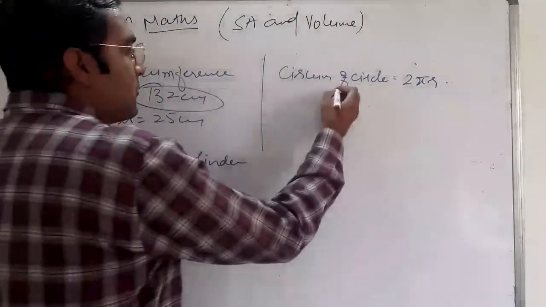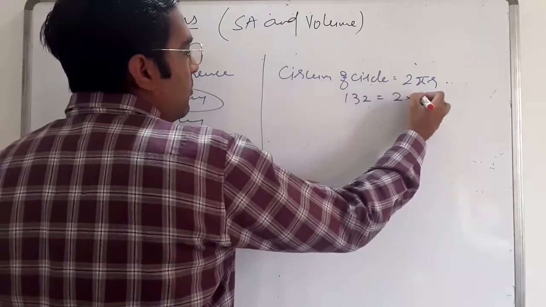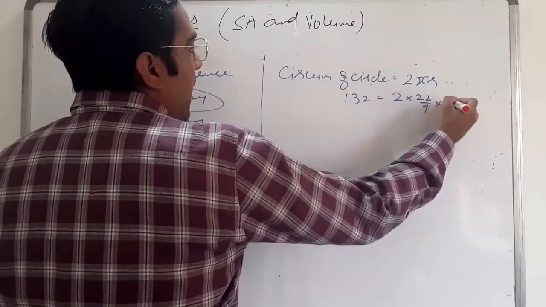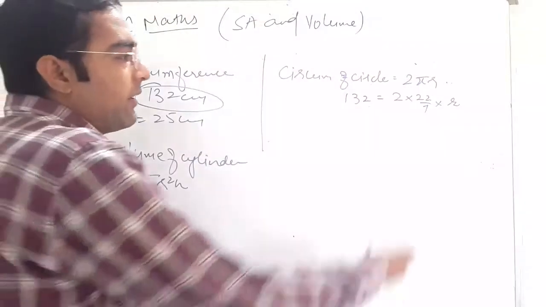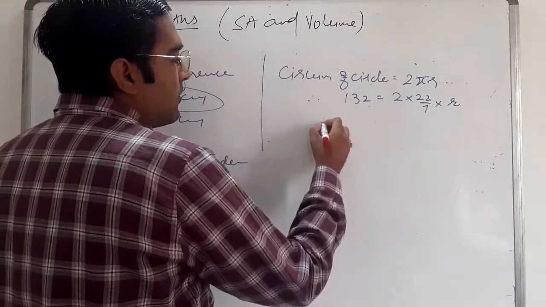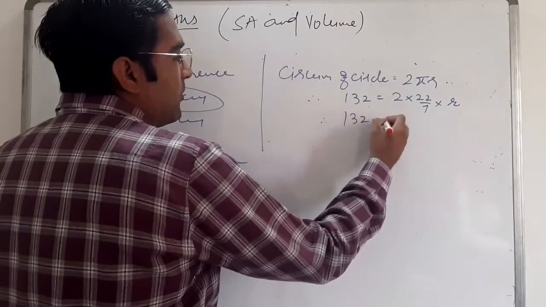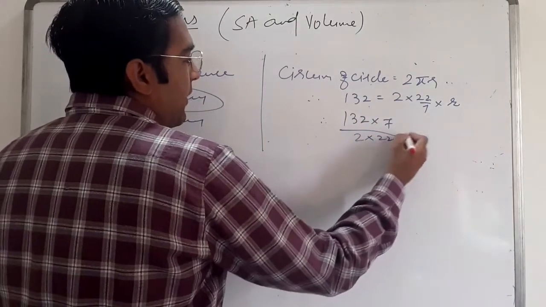The circumference of the circle is given, that is 132 equal to 2 into 22 by 7 into r. I want to find the radius of the circle, so I'll take the radius as it is and multiply by 7 on the other side. So r equals 132 into 7, and the 2 and 22 shift to the second side to divide by.